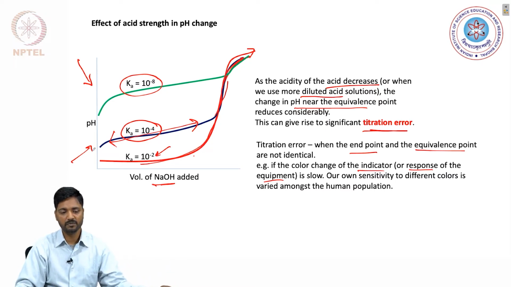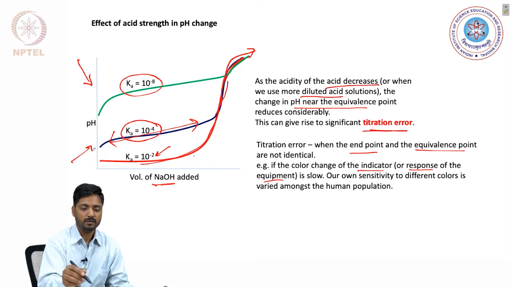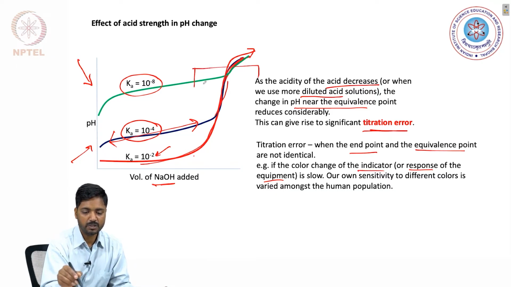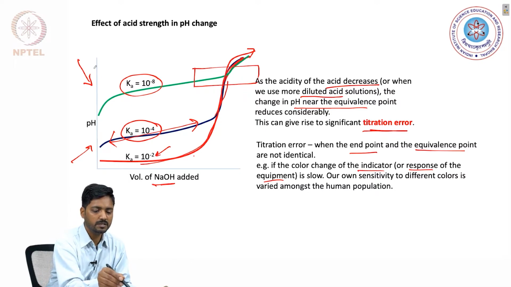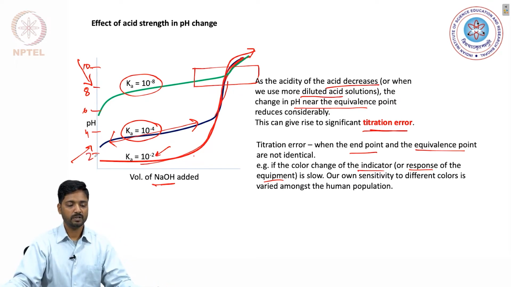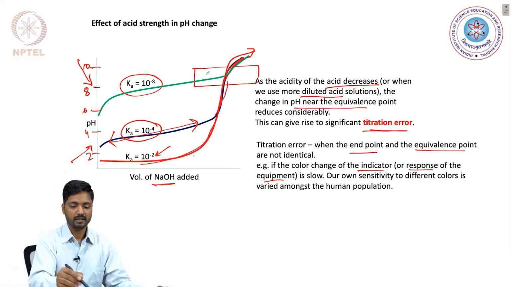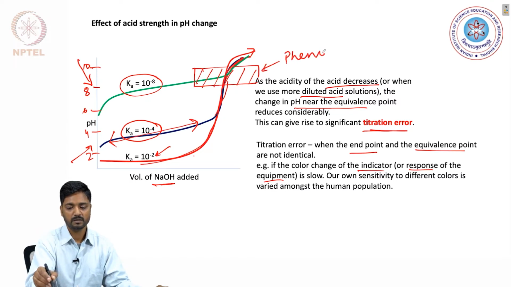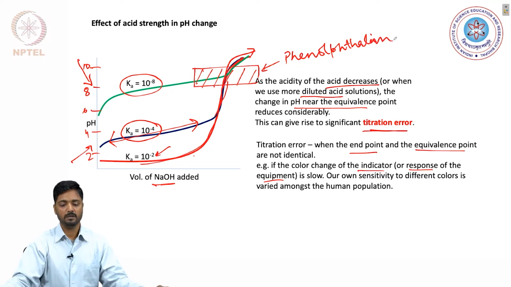So, one indicator which we already talked about is phenolphthalein, and it was supposed to have, if this is the region of 10, 8, 6, 4, 2, so, if this is the pH value, then this is the regime where phenolphthalein will work best. So, phenolphthalein will work best when the pH of the medium is basic.